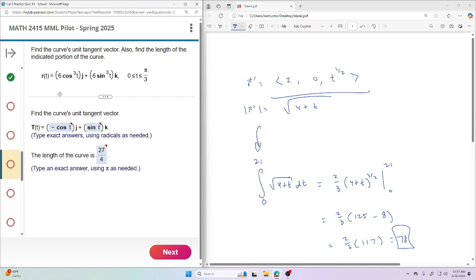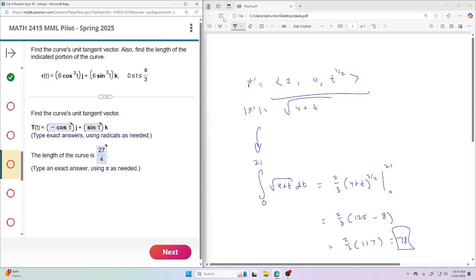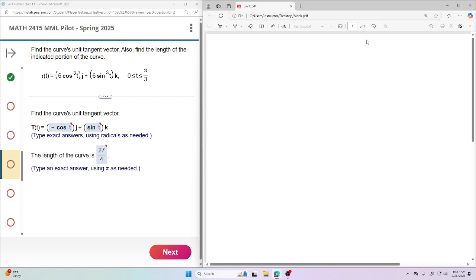Cubed? You want me to do it? Yes or no? Actually, yes. Okay, actually, then I will do it. I like doing this. It'll be 6 times 3. 6 times 3.